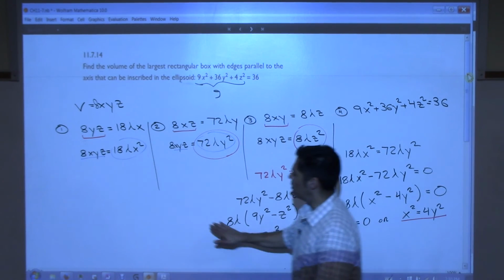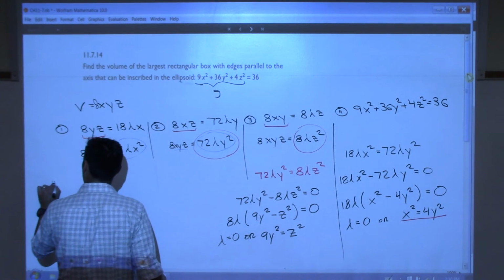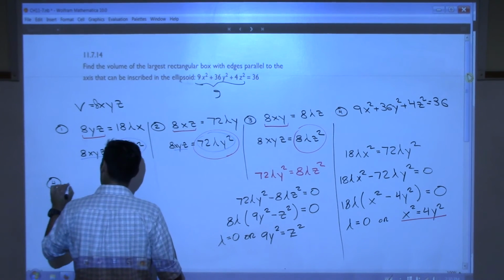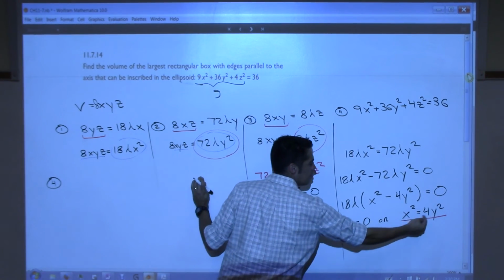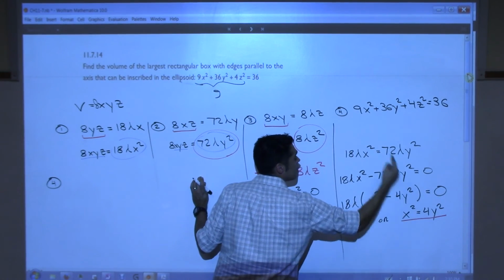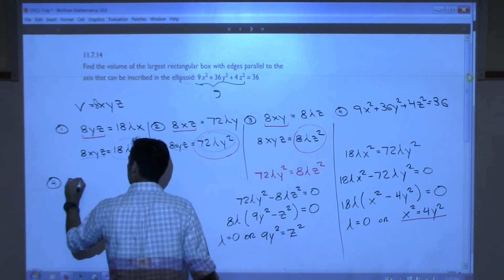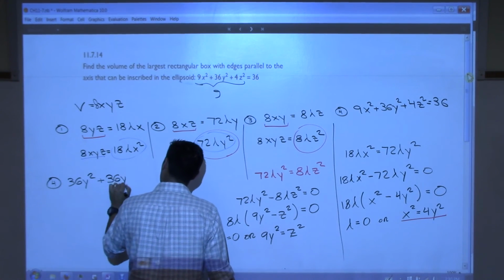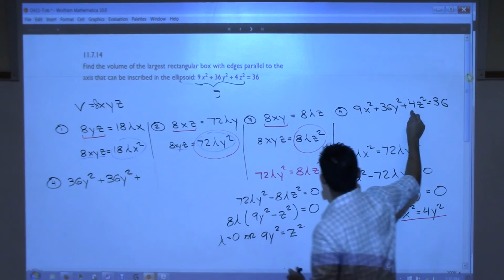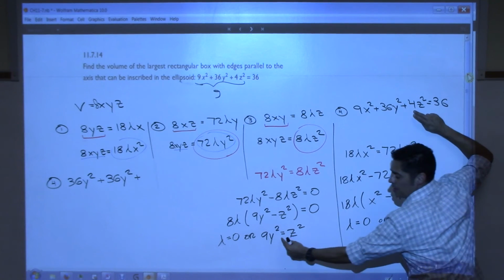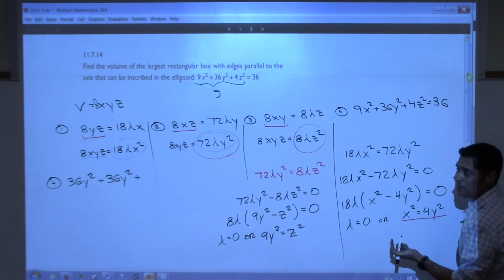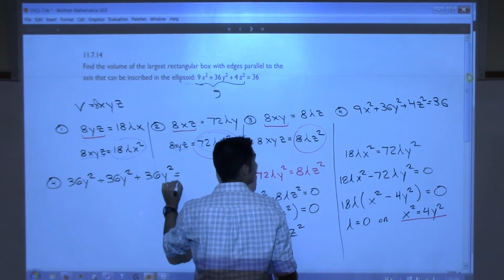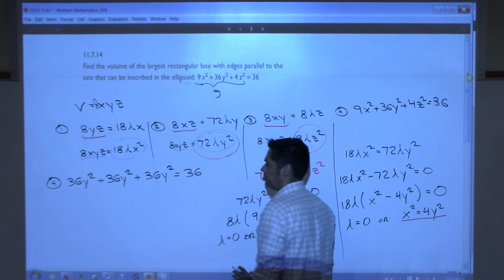So from equation 4, we have 9 times x squared, which gives 36y squared, plus 36y squared again, plus 4 times z squared, which is another 36y squared, must equal 36.